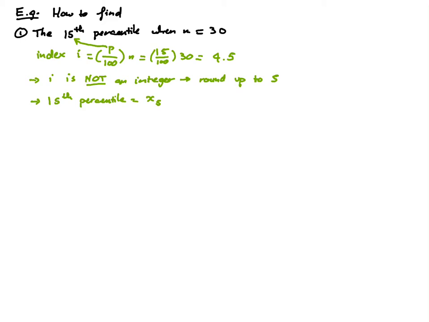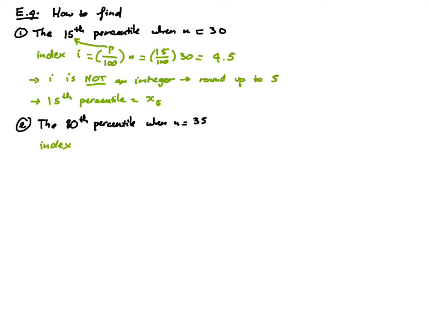Now let's try another example. Let's say we want to find the 80th percentile when we have 35 observations. So let's find the index.